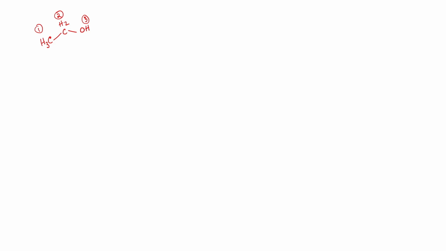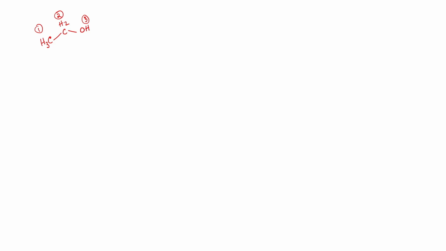Actually these are not equivalent, and that is why we are going to get different signals, because of their environment. What do I mean by the environment? I mean the electronic environment. Suppose we are giving an external field along the z axis.